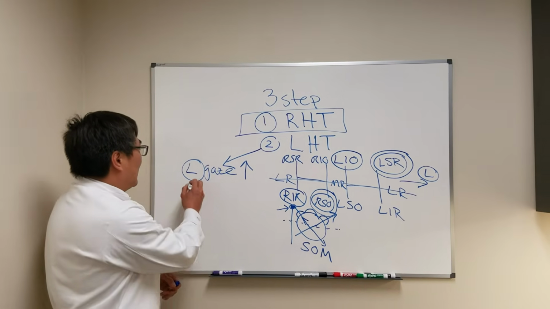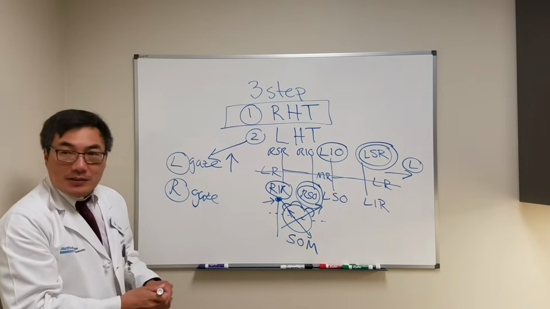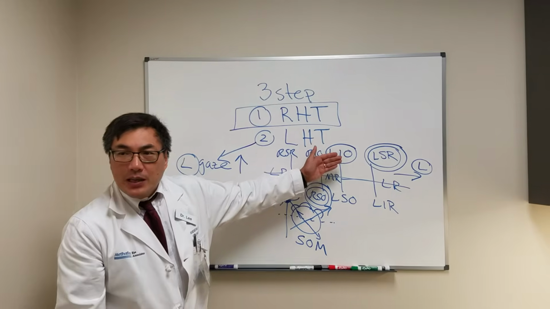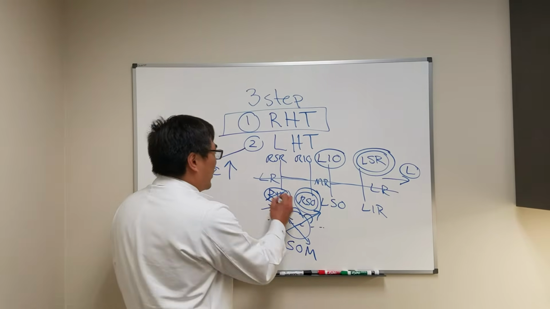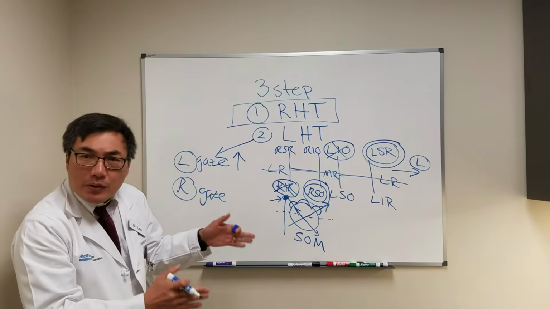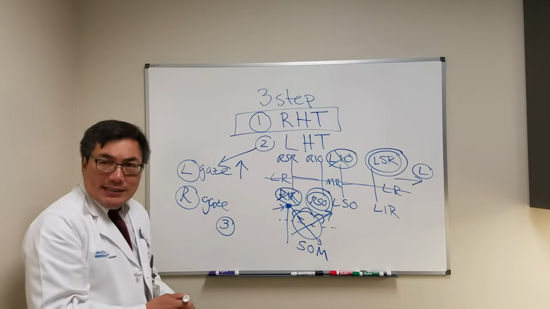In contrast, if the deviation was worse on gaze to the right, it would be the exact opposite: right inferior rectus and left inferior oblique. Because of this second step, we have eliminated two of the initial four muscles we were considering. And we're ready for the third step now, which is the head tilt test.